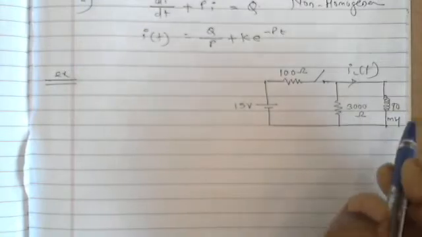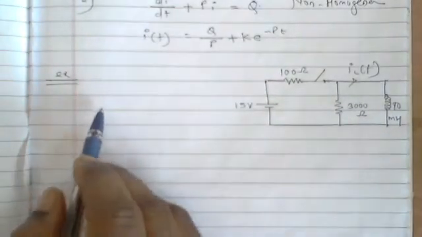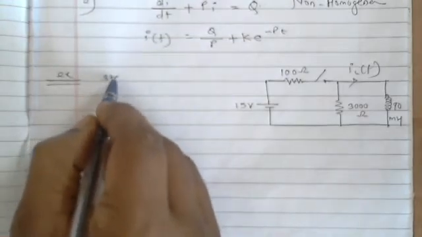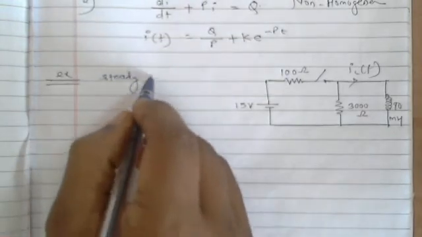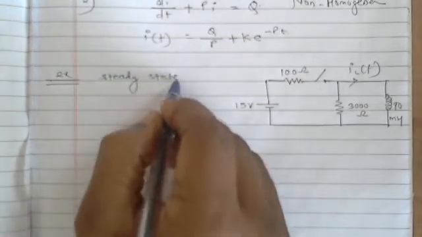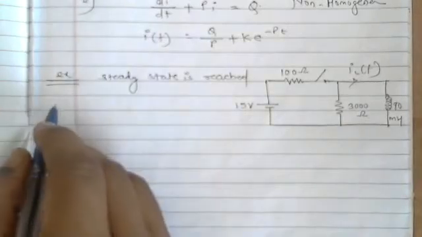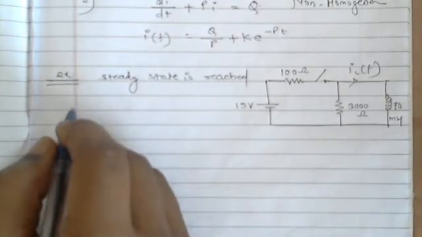Now what has been asked? Okay, the question is, for the network shown, steady state is reached. This is a very important point. Already steady state condition is reached. Now steady state is reached with switch closed.